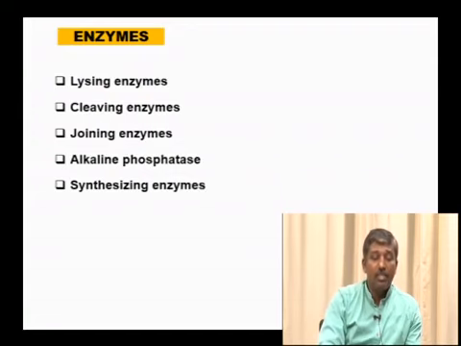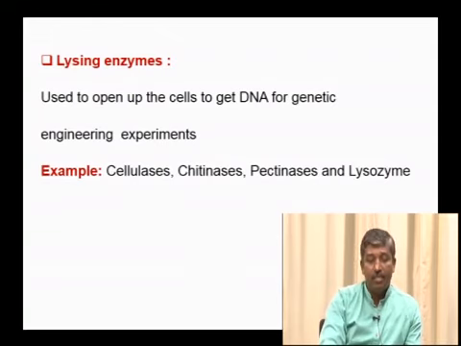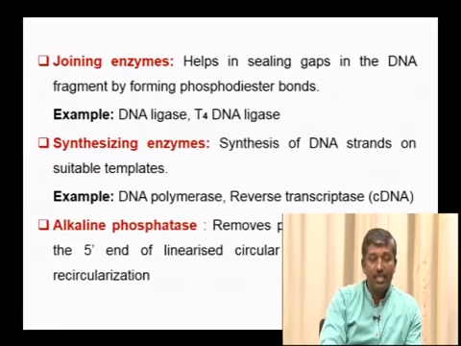Synthesizing enzymes include DNA polymerases, Taq polymerases, etc. Examples of lysing enzymes: cellulases, chitinases, pectinases and lysozyme. Cellulases are used for plants, chitinases for fungal cells, pectinases again for plant cells, and lysozyme for bacterial cells.